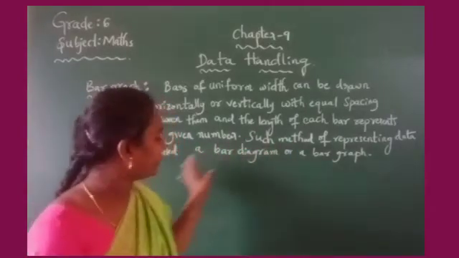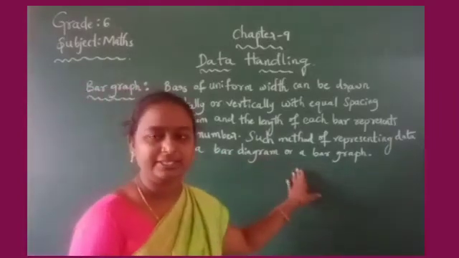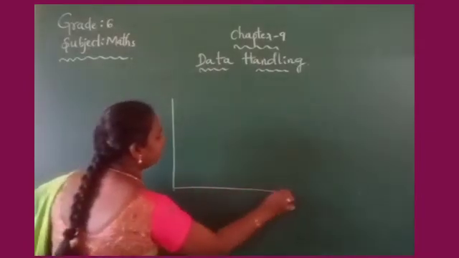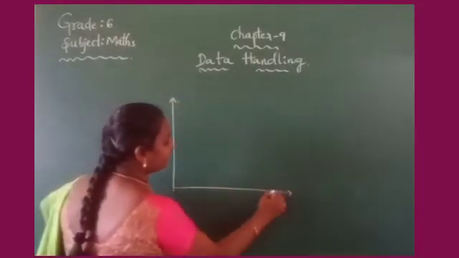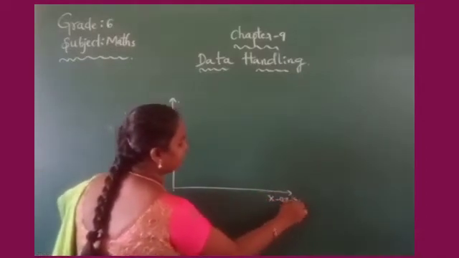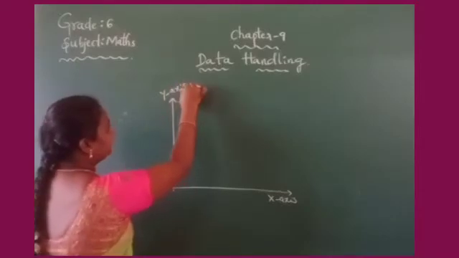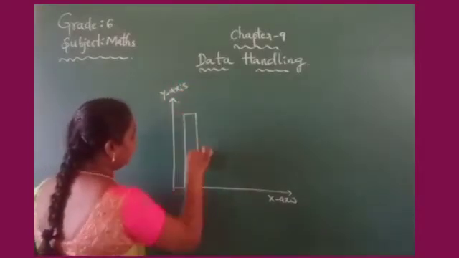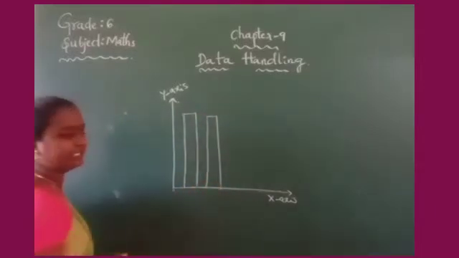Such a method of representing data is called a bar diagram or a bar graph. In the bar graph there are two lines. The horizontal line is called the x-axis and the vertical line is called the y-axis. The bars have equal width and equal spacing between them.